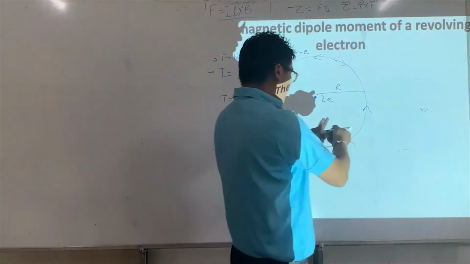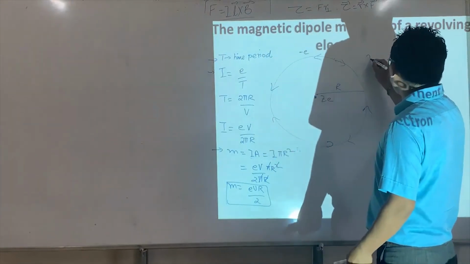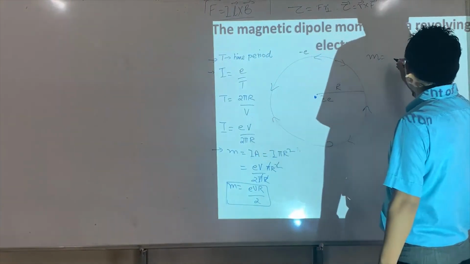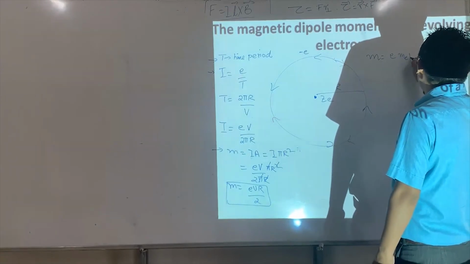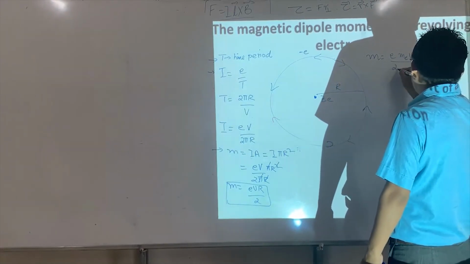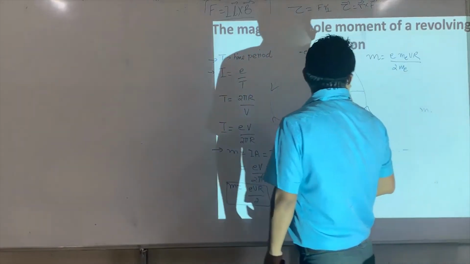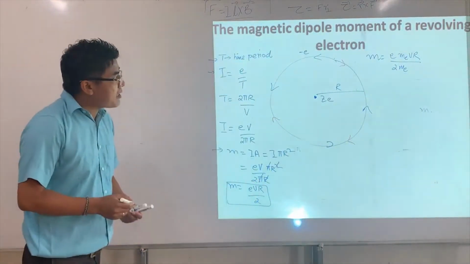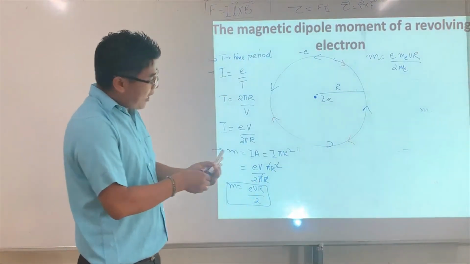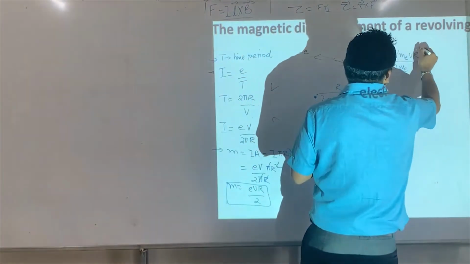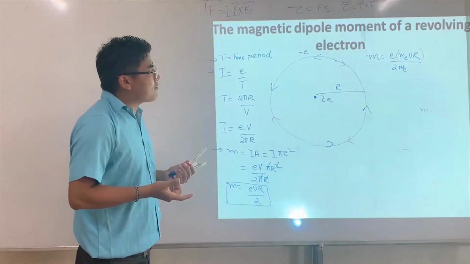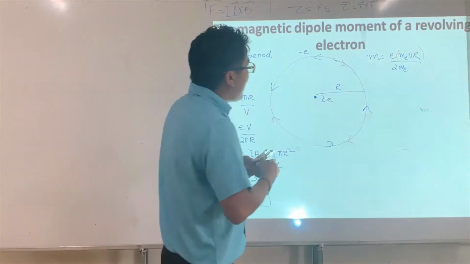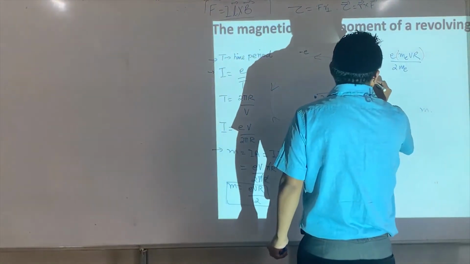So now what I'm going to do with this M, I just divide and multiply by m e. If I divide and multiply by m e, this is what I have: m v r. m v r is what we define as angular momentum.